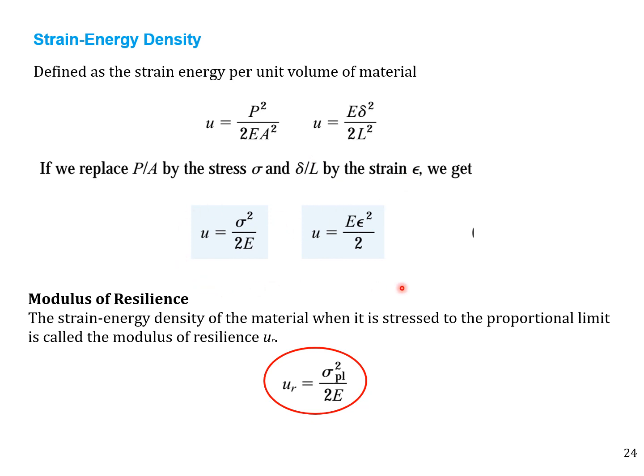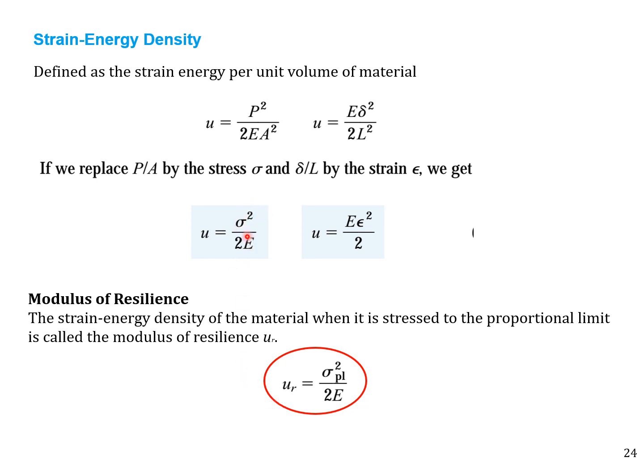So the last definition for today: modulus of resilience is the strain energy density of a material when it's stressed to its proportional limit. So this value, which is strain energy density, if it is taken at the proportional limit, is called modulus of resilience.